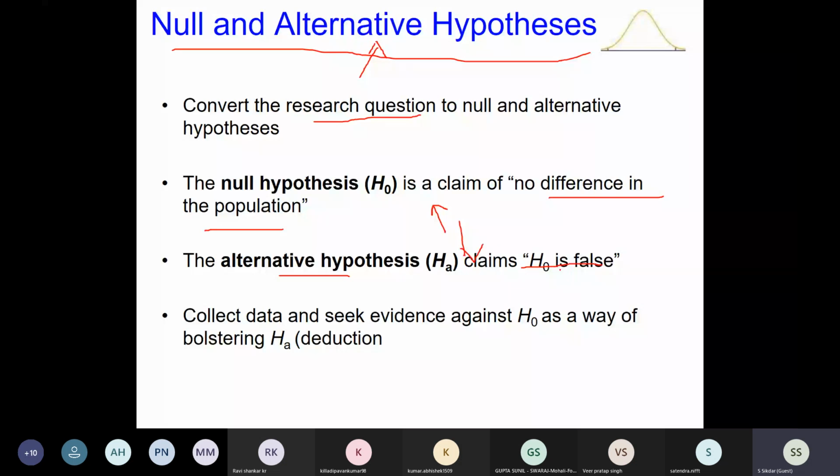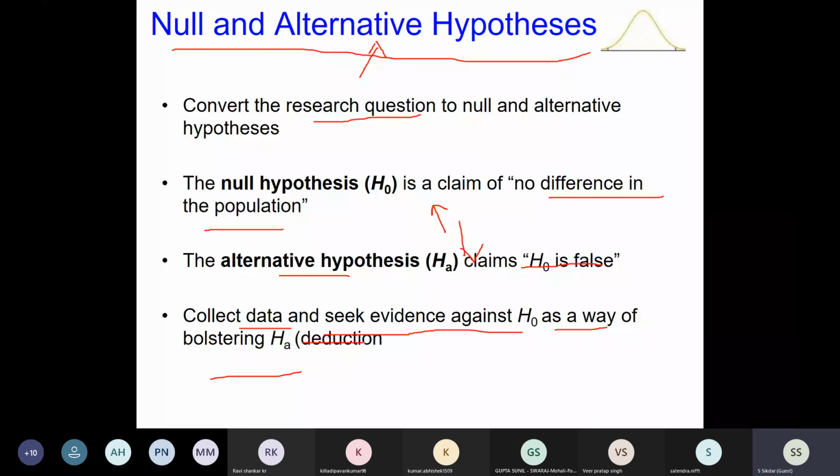So for that, what you have to do is collect data. Whatever you want to prove, you have to collect data and seek evidence against H0 as a way of bolstering HA.